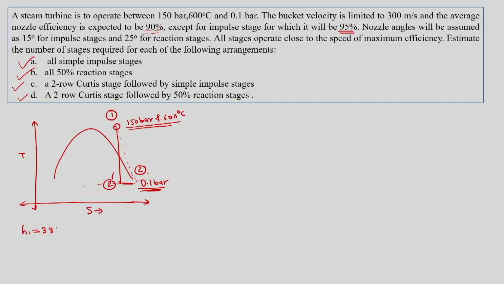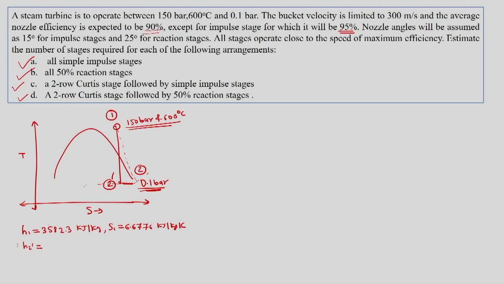It turns out to be 3582.3 kilojoule per kg. Similarly, at the same state, we will note down entropy, which is 6.6776 kilojoule per kg Kelvin, and then we can note down H2 dash.